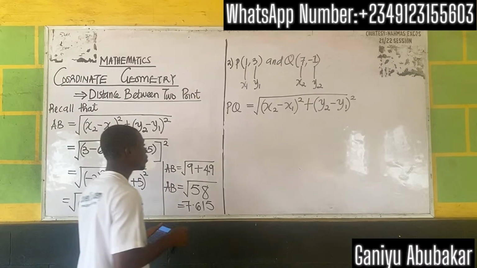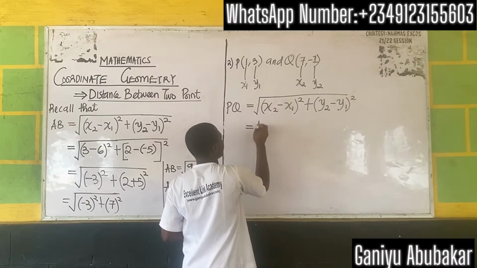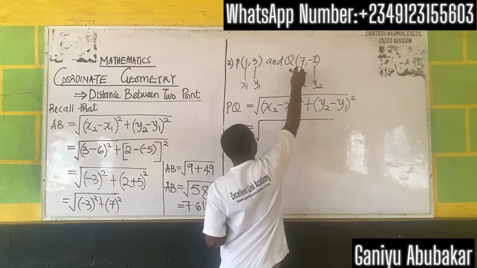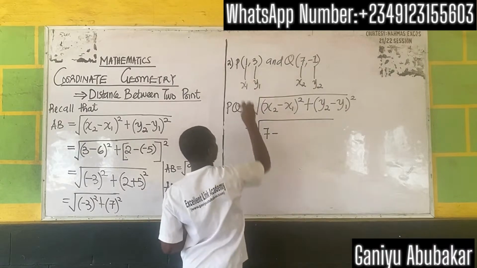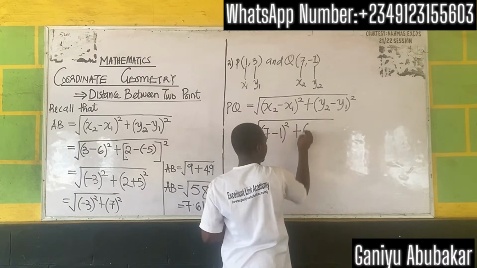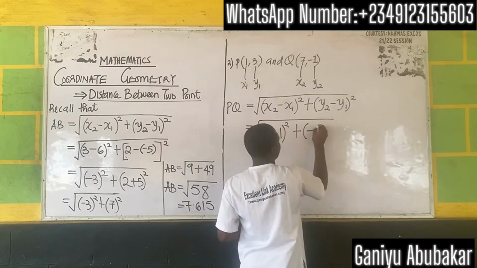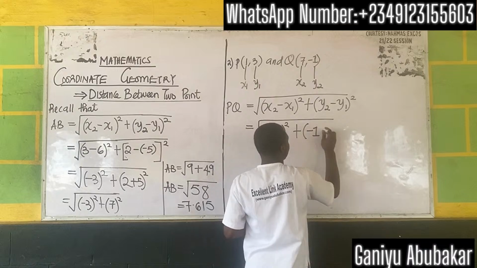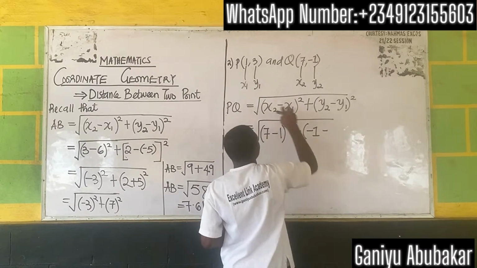So this gives you the square root of x2, which is 7, minus x1, which is 1, all squared, plus y2, which is of course negative 1, minus y1, which is of course 3, all squared.